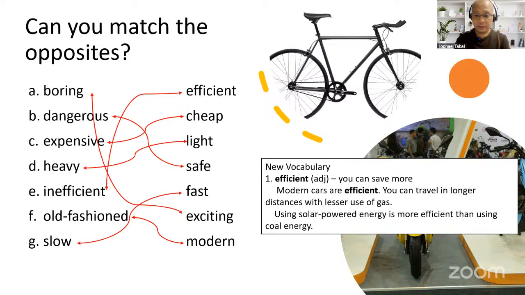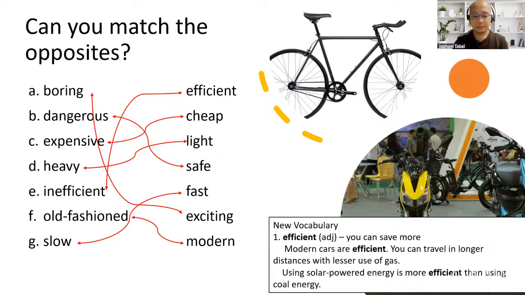More efficient means you can save more, use enough and save more. That's efficient, okay? So that's a new vocab.